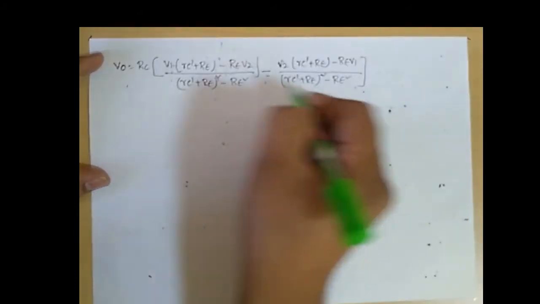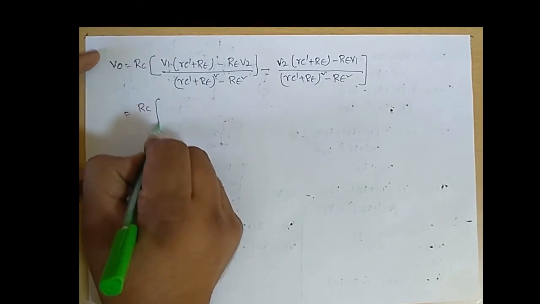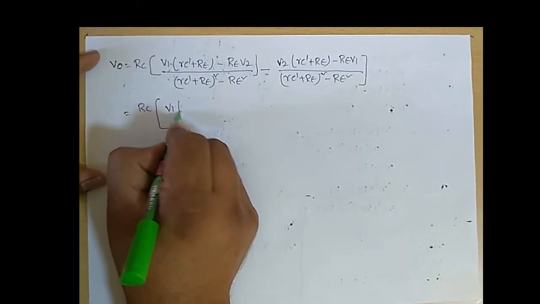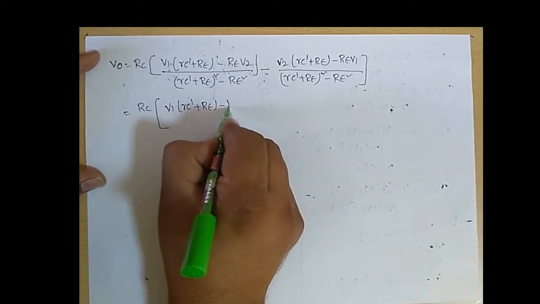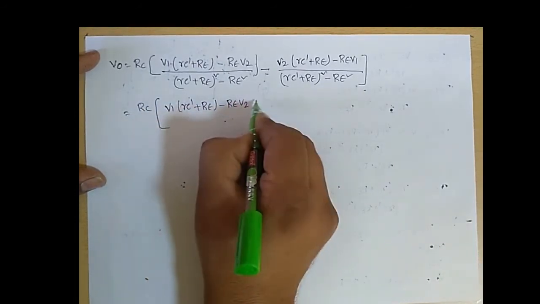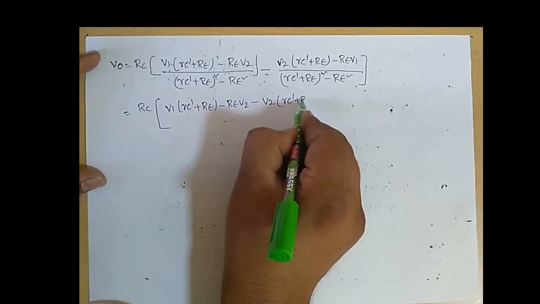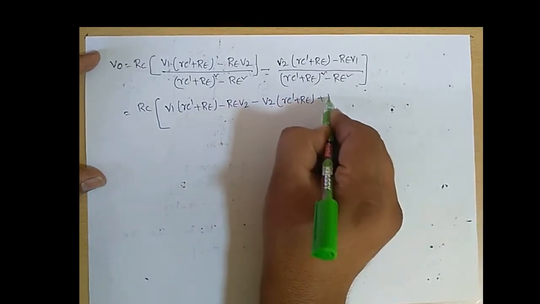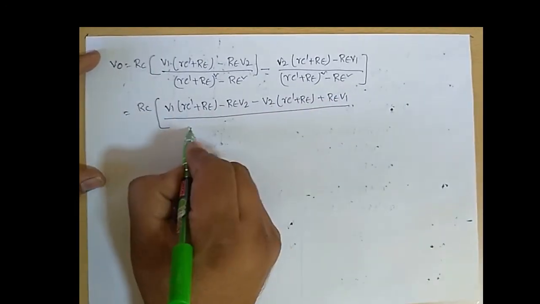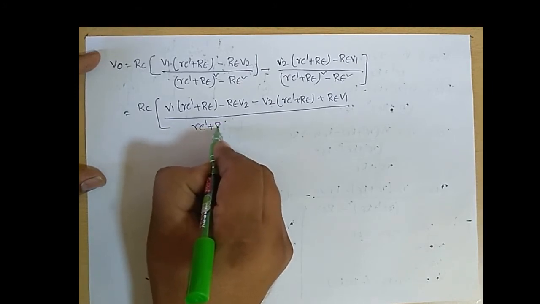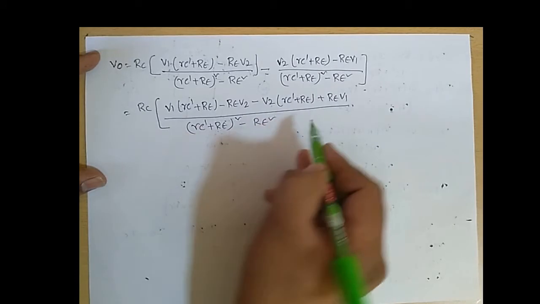Now we want to simplify all these terms, that is RC of V1 of (RE dash plus RE) minus RE V2 minus V2 of (RE dash plus RE) plus RE V1, whole by (RE dash plus RE) whole square minus RE square.